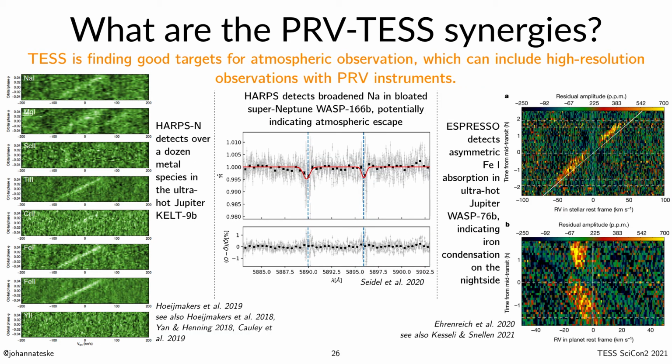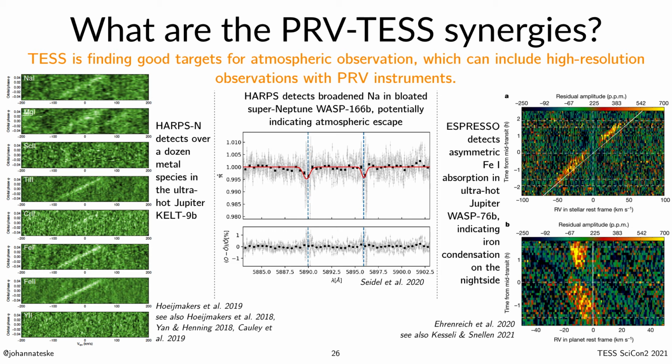Also, part of the selling point of TESS was finding good targets for atmospheric observation, definitely with things like JWST and HST, but also using ground-based high-resolution observations with PRV instruments, in the optical and near-infrared. Now, you'll note that on this slide, none of these are actually TESS-detected targets.